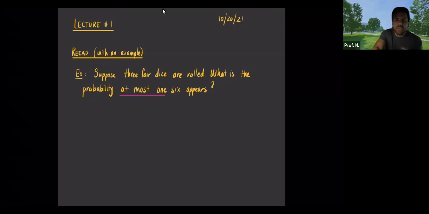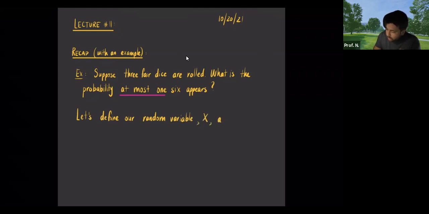So the first thing we have to consider is, what kind of random variable is this? How would I define my random variable? Let's define our random variable x. So how would you define your random variable?